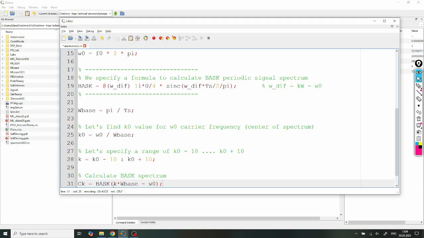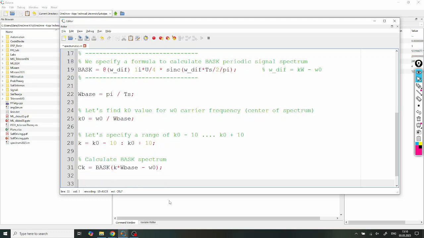So whenever we calculate this equal to omega 0, we hit 0 in this difference, right? But because we use a sinc function, this is going to be properly processed all the way up to 1. Yes, and you multiply this 1 by 1 divided by 4. So the maximum of your amplitude spectrum should be 0.25. Yes, that is 1 divided by 4, because sinc gives 1, and all the other numbers end up being 1 divided by 4.